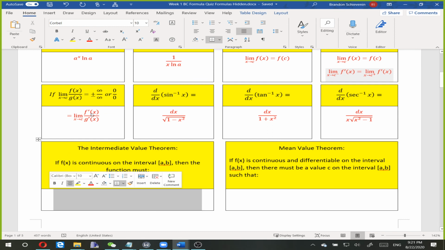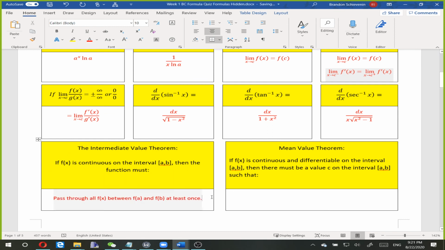Okay, so you're right. Intermediate value theorem says we have to pass through all of the outputs, all of my y values, at least once, as long as we're continuous. We can pass through these y values more than once, or even infinitely many times. But we have to pass through each y value between them at least once. Intermediate value theorem only requires that our function be continuous. It does not have to be differentiable.